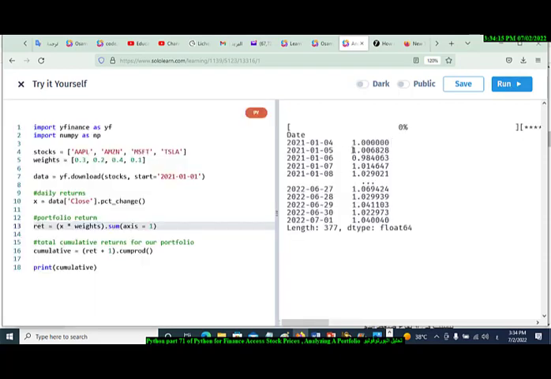This is the cumulative, which is ret plus 1 and the cumprod of it. Okay, when it's more than 1, it's good.